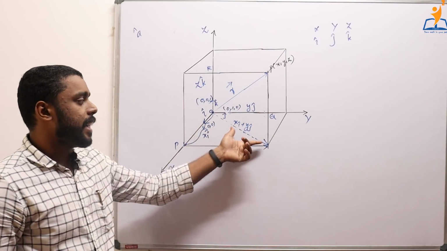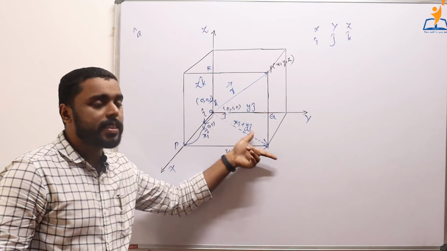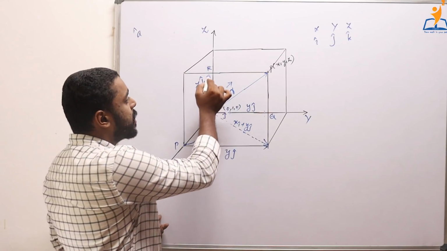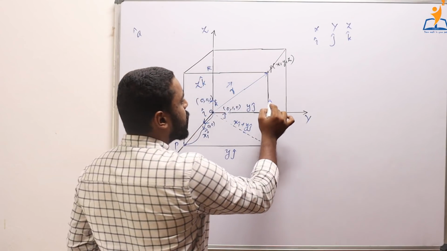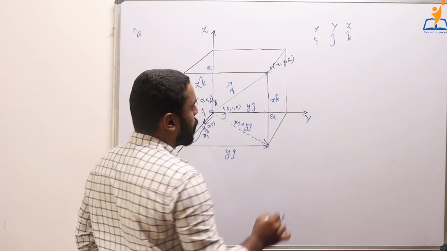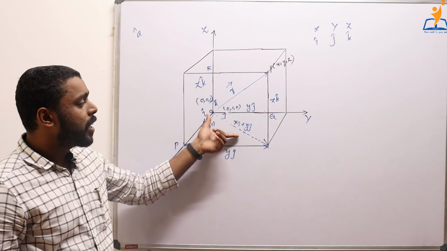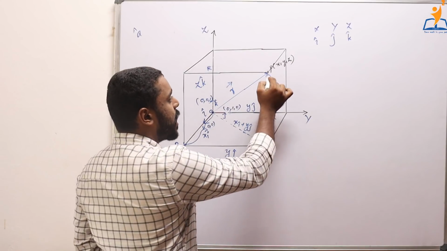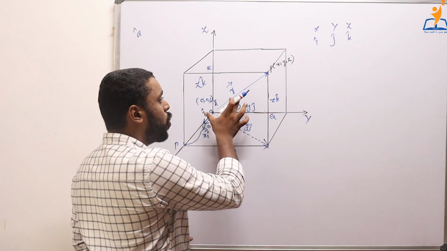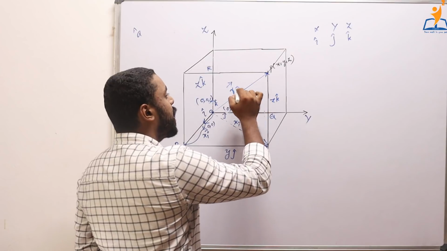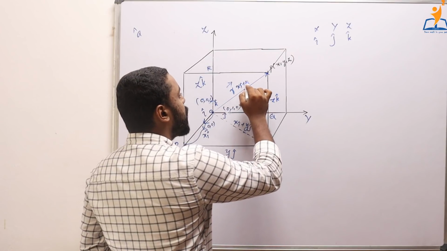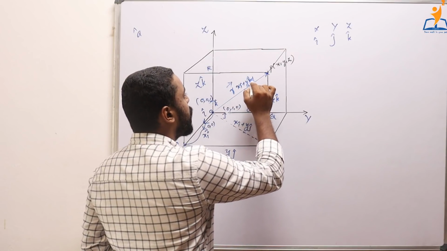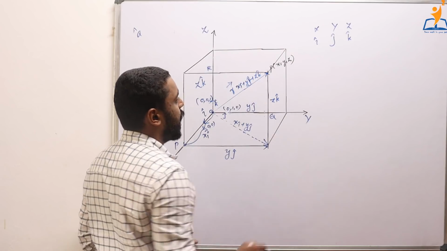So we get x i cap plus y j cap as this diagonal. Now see, this is z k cap. Therefore we have this as one side of the triangle and this as the other side of the triangle. So the diagonal will be x i cap plus y j cap plus z k cap.